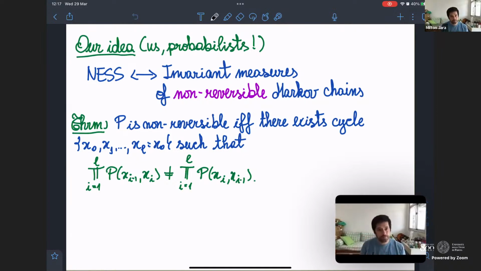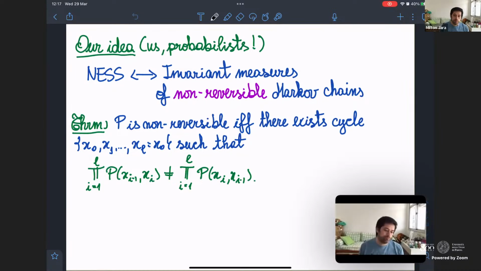That's an if and only if condition for being non-reversible, which is basically the negation of the detailed balance condition.